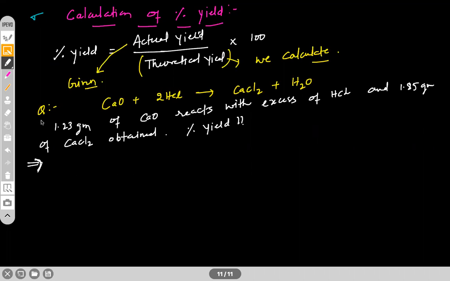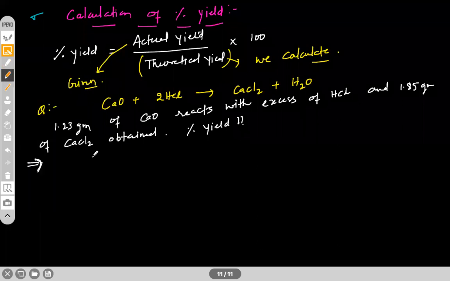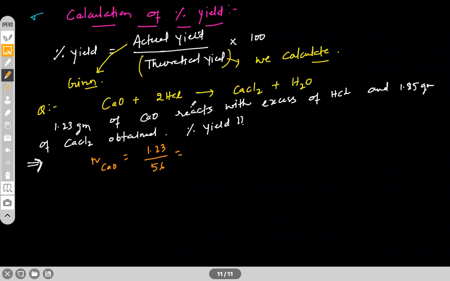But the number of moles of CaO is equal to the given mass divided by the molecular mass of this, which is 56, and that is equal to what value? Okay, 84.3 you are getting. Fine. Number of moles is this we are getting.